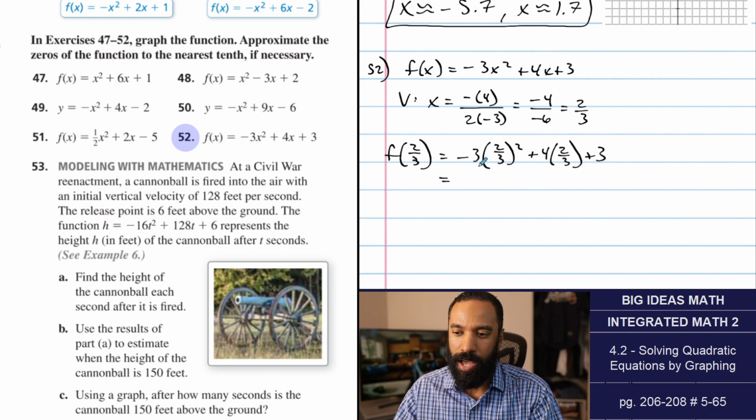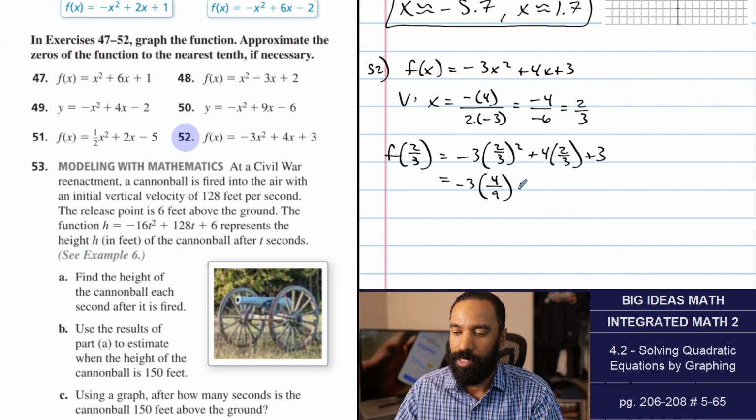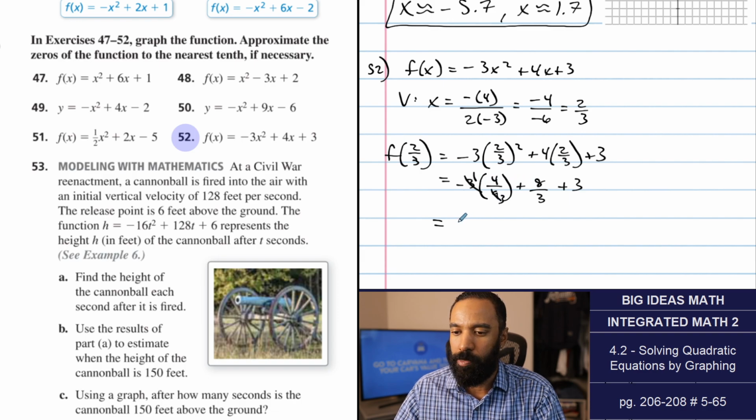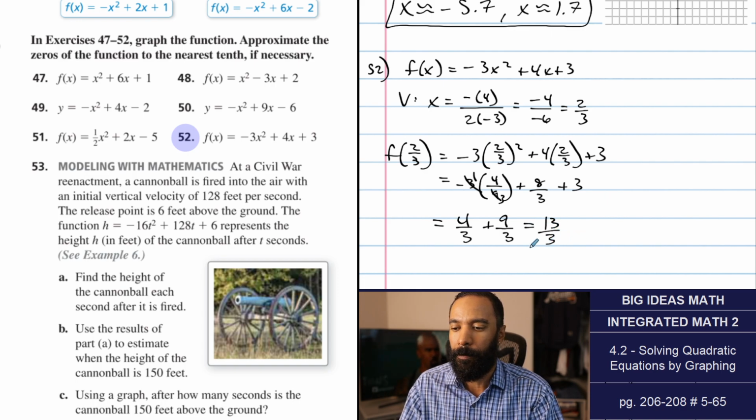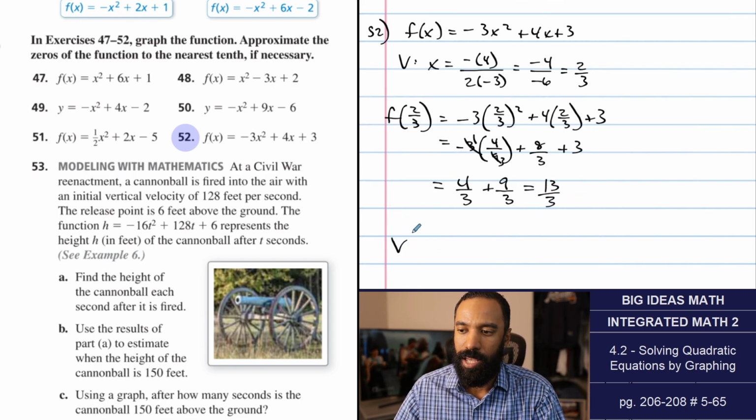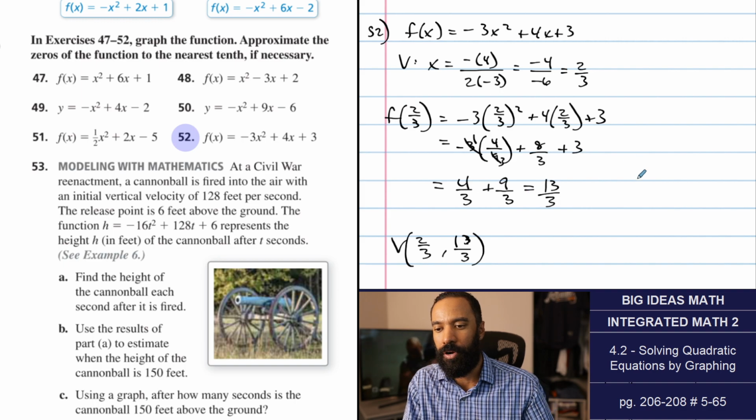So that is -3 times 4/9 plus 8/3 plus 3. -3 times 4/9 is -4/3. So this is -4/3 plus 8/3, that's 4/3, plus 3, which is 9/3. That'll give me 13/3. So I have a vertex of 2/3, comma 13/3. And 13/3 is also 4 1/3.